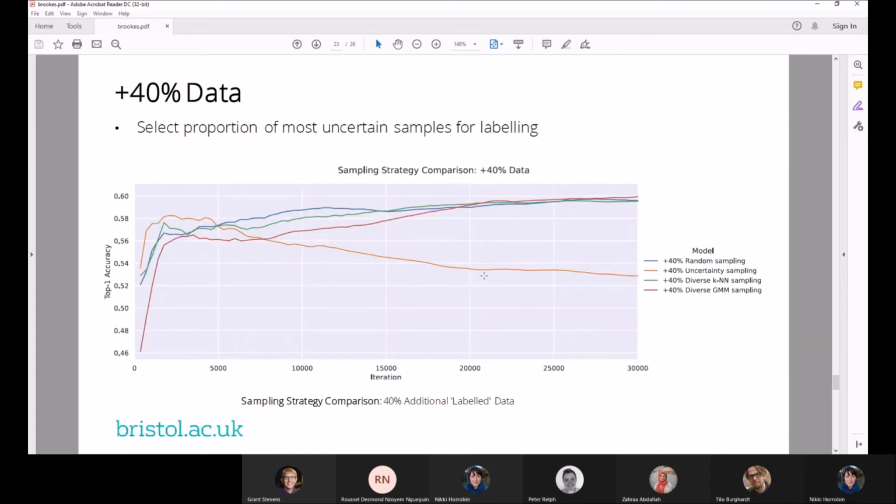And then at 40% of additional data, we see uncertainty sampling gives us good performance initially, but trails off. And then our unsupervised diversity sampling approaches probably give us the best performance, but at that stage, performance becomes comparable with all the other techniques.